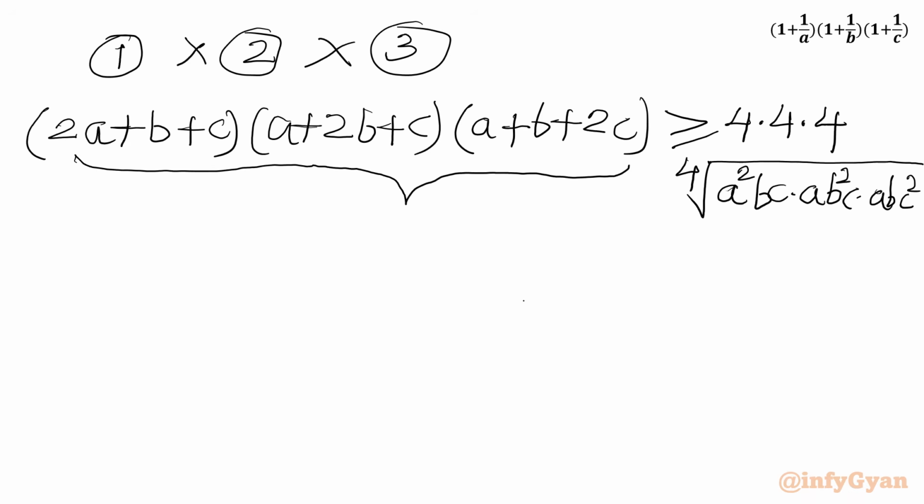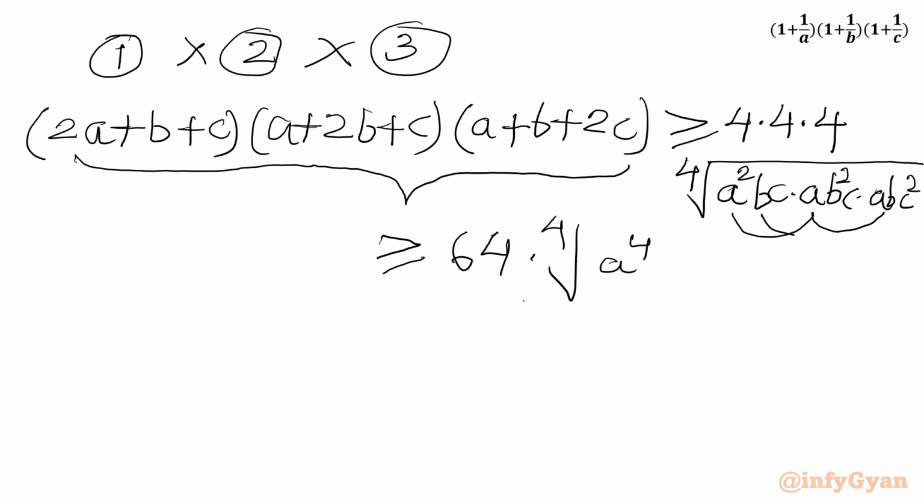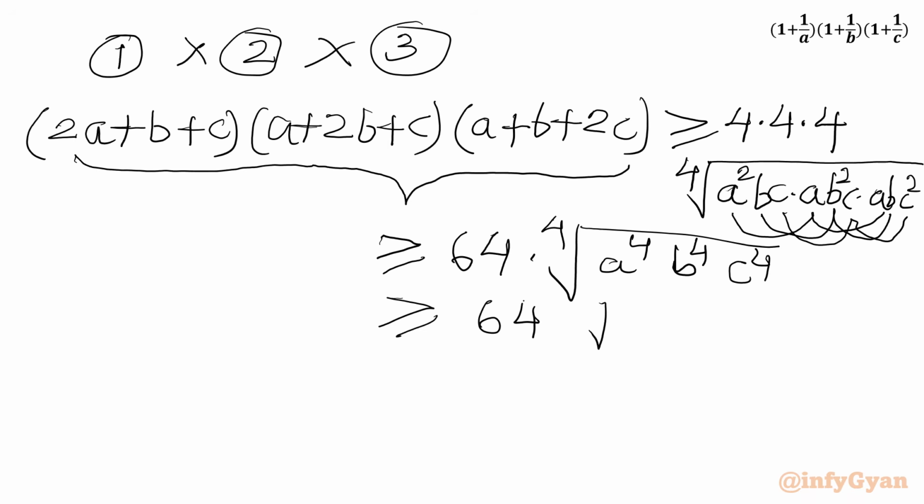So let's simplify the right hand side greater than or equal to 4 times 4 times 4. This is 64. Then we have fourth root. Now we will club A square times A, so it will become A power 4. B times B square times B power 4. C times C square, C power 4, which will be greater than or equal to 64 fourth root of ABC whole power 4.